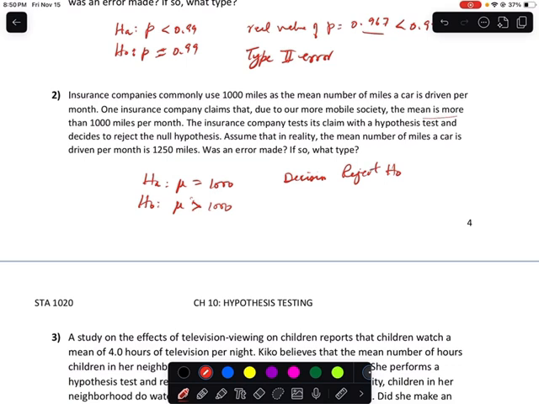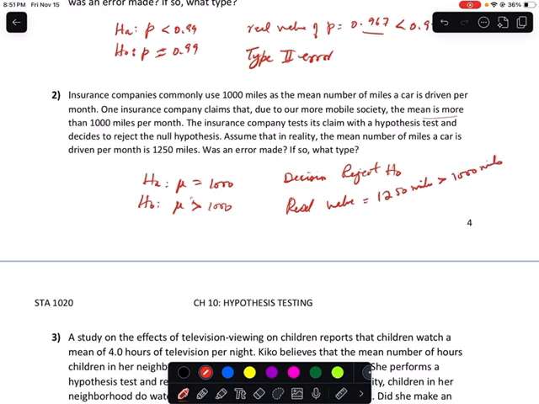And then in reality, the real value is equal to 1250 miles, right, which is more than 1000 miles, right?